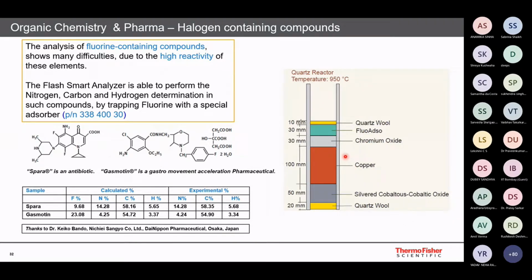Not only fluorine, at the same time it can absorb the sulfur also, and there is a chance we do not get proper sulfur. This is required for most pharma customers, so you can ask the customer if there is any fluorine in the sample or not. If the fluorine percentage is high, then please do not directly aspirate, otherwise your reactor will be spoiled immediately.